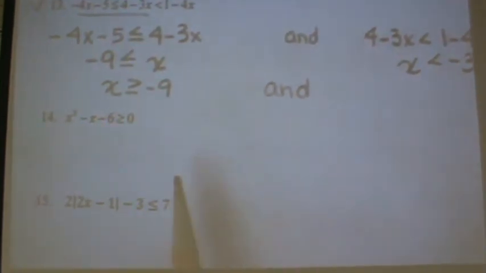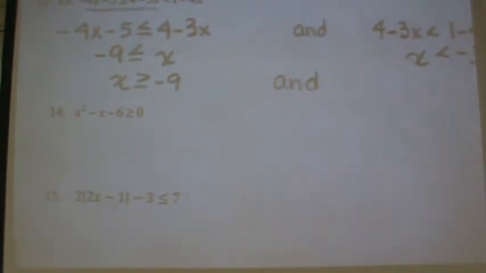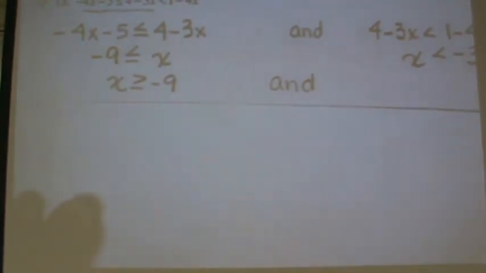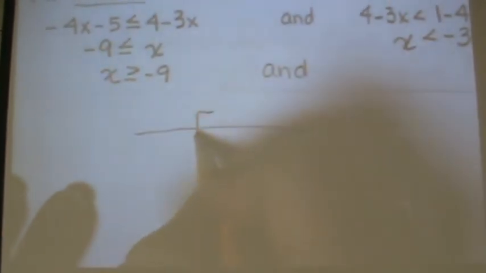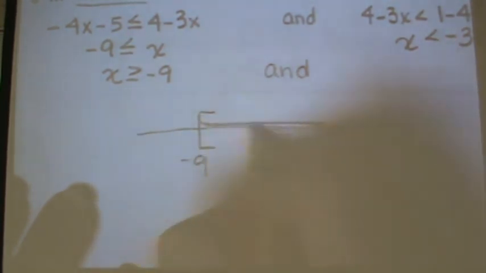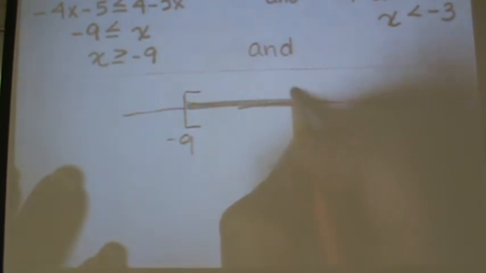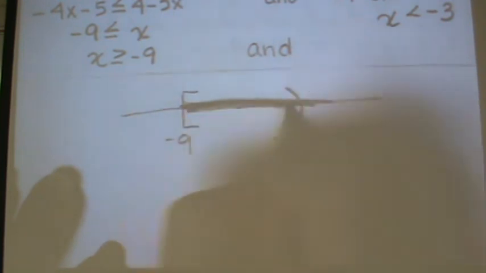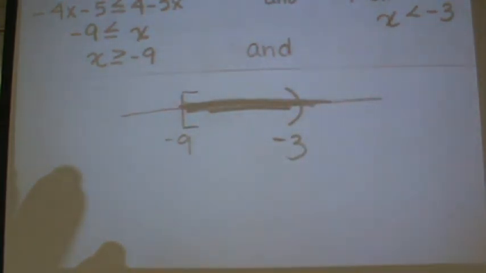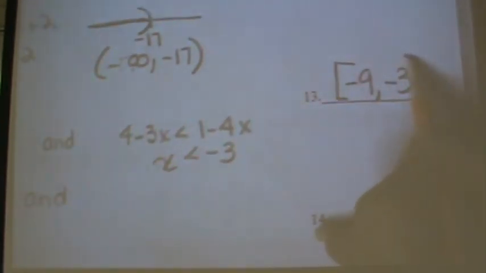I'm going to get a separate sheet of paper because I've run out of room. Where are the x's greater than or equal to negative 9 and less than negative 3? It's this part right here. So your answer would be between negative 9 and negative 3, with a parenthesis there.